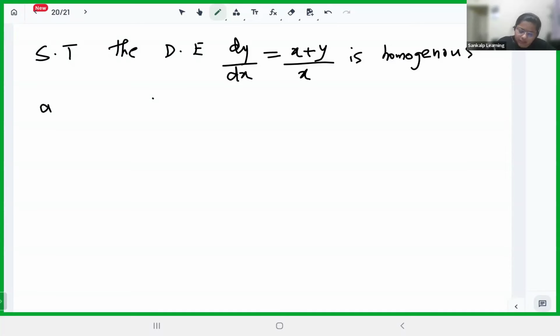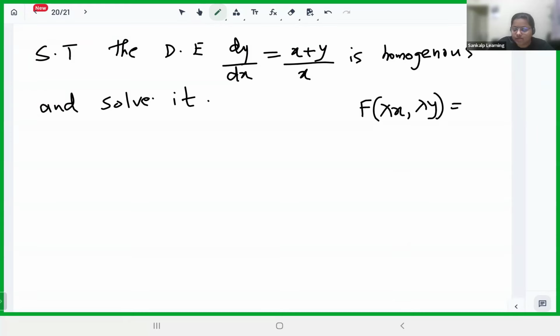What do you mean by a homogeneous differential equation? The function f(x, y) is homogeneous if it is a homogeneous function of degree 0. What does that mean? f(λx, λy) should be equal to f(x, y). That's why it is called a homogeneous function of degree 0.